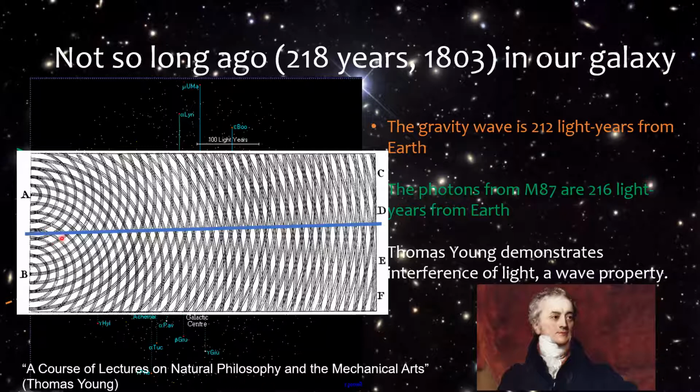Or in between, they could cancel each other out if they're completely out of sync, the crest of one wave combining with the trough of another wave. So he could predict that the positive contributions of light would travel in certain directions by tracing out where the waves would be in sync.